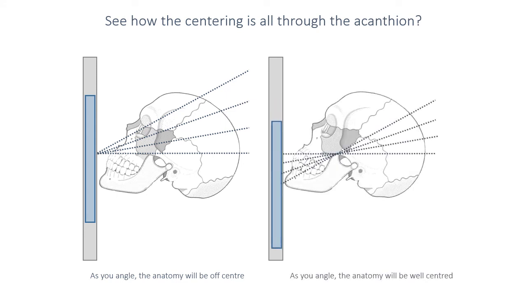As you can see, when we are using the more extreme amounts of tube angulation, around the nature of 40 degrees or even more, the centering point is almost through the mental symphysis, and obviously the image receptor has been displaced to compensate for that.